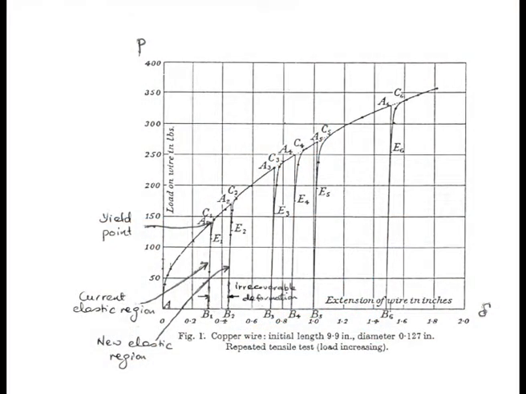Now, I just want to emphasize that, in fact, even in a plastic situation, even after plasticity has occurred, there is still elasticity. Elasticity does not vanish the moment you get plasticity. It is there all the time. Let me just show you why I say it is there all the time. If you look at a copper wire, if you unload from here, say here, A, when you come back, if you look at this line carefully, it's not exactly vertical.